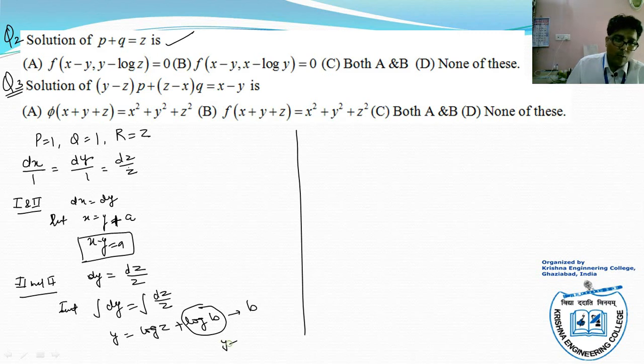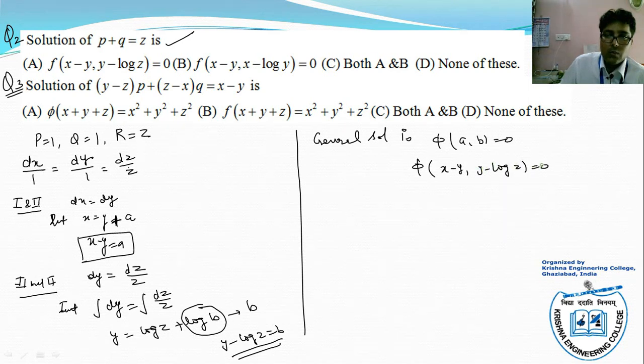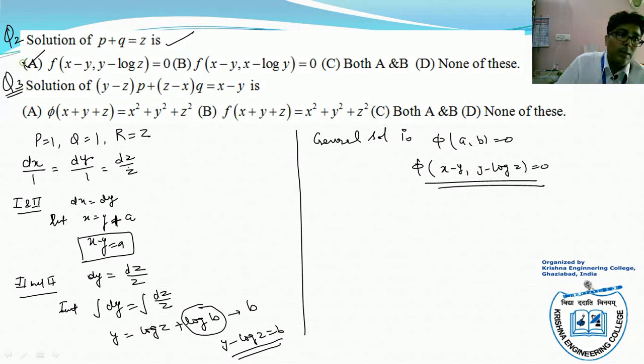Then in this case y minus log z is equal to b. So the general solution is phi, or f, an arbitrary function, of a comma b is equal to 0. The value of a is x minus y, and the value of b is y minus log z, is equal to 0. This is the solution. So option A is correct.